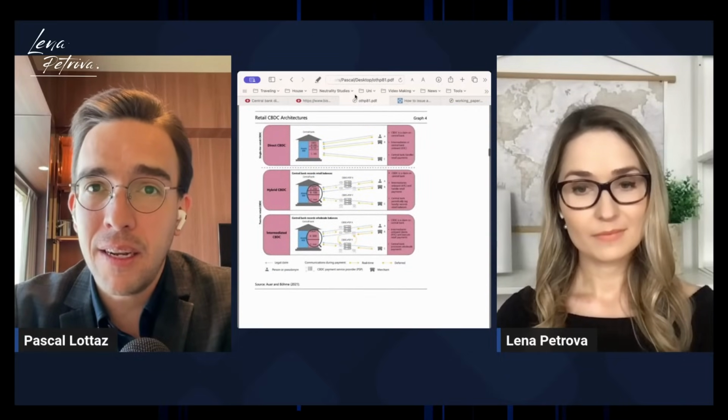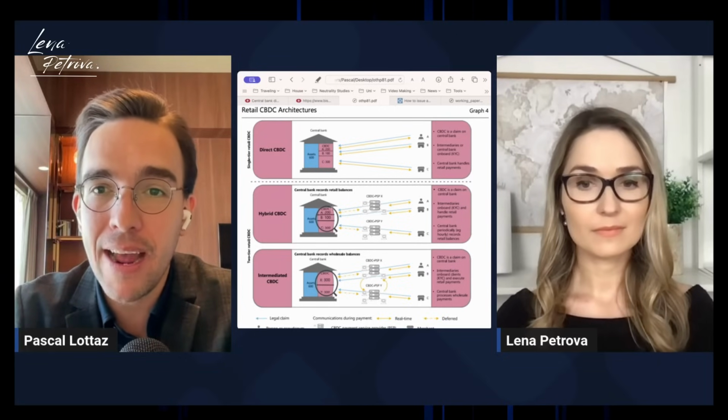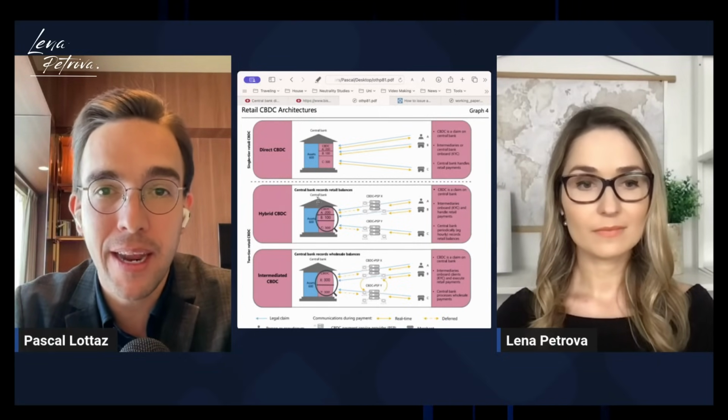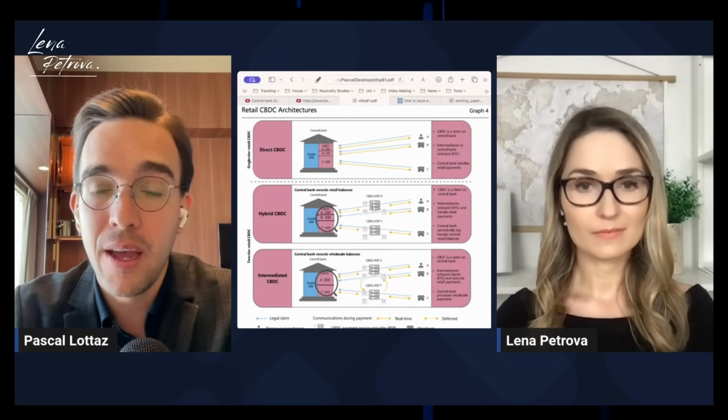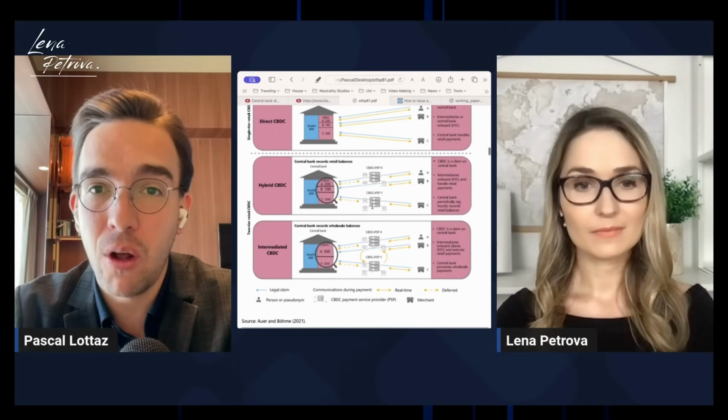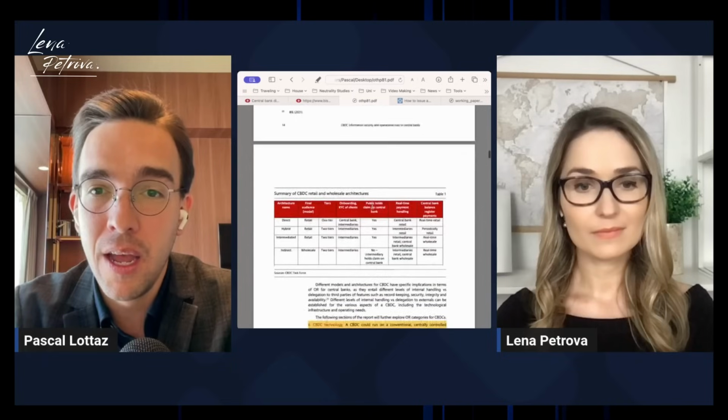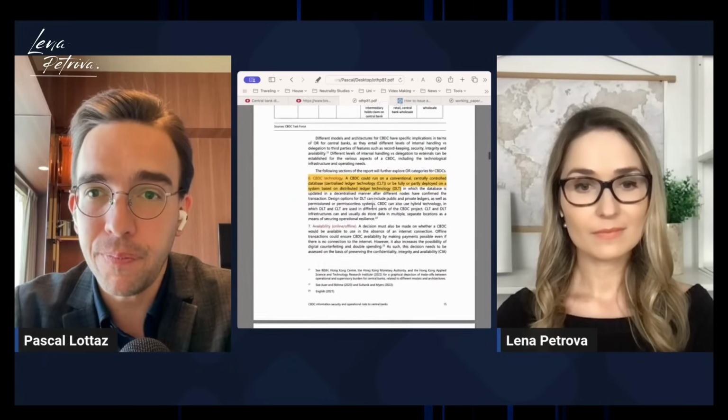And they study that quite. It's funny how they do this. I find so the different architectures that are possible, and this is really just explaining what can a central bank do? What are the different possibilities of giving direct access or indirect with other intermediaries and digital solutions in between? So this is very much a concept paper to study what is possible.